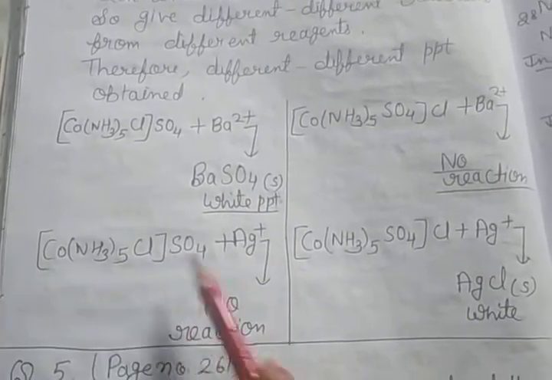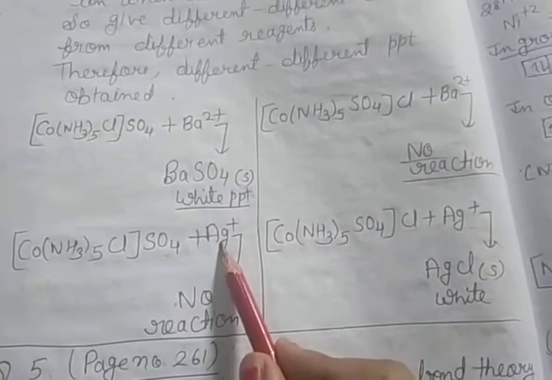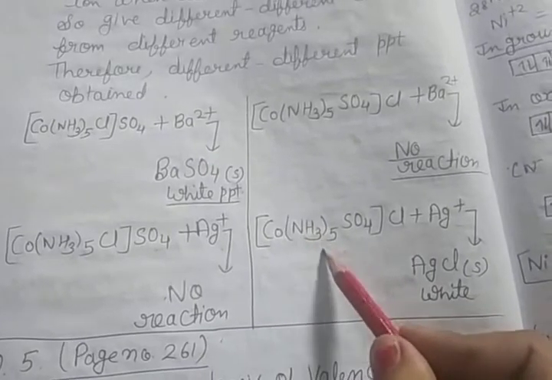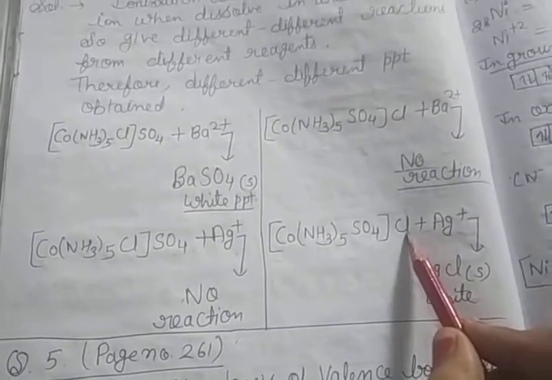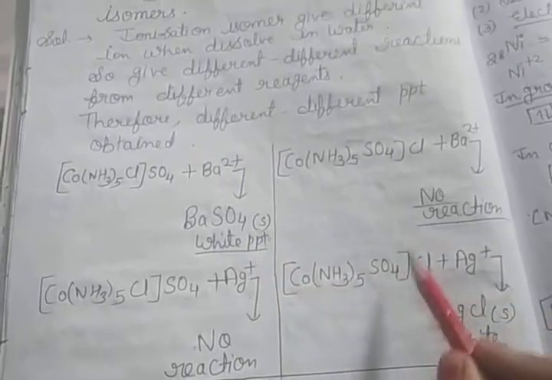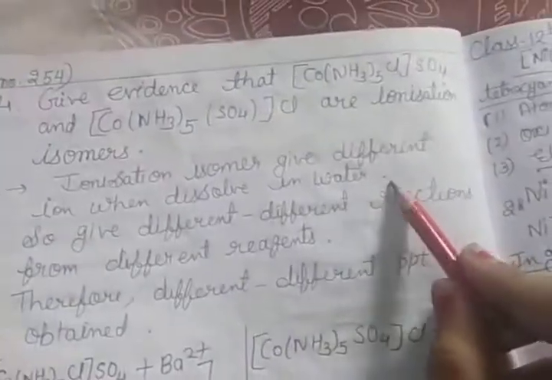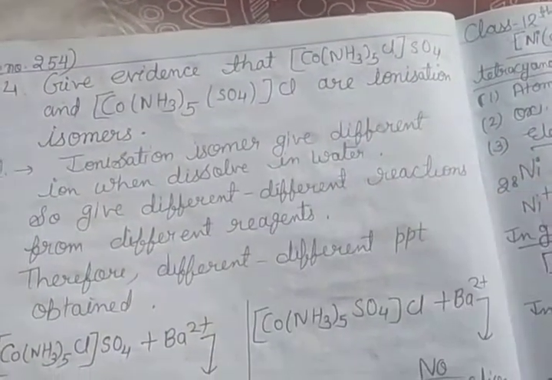Opposite way, the first complex reacts with Ag+: outside is sulfate, so Ag+ does not react. But [Cu(NH3)5SO4]Cl reacts with Ag+ because Cl is outside, so AgCl white precipitate forms. So different reagents give different reactions. So these are ionization isomers, and both are ionization isomers.